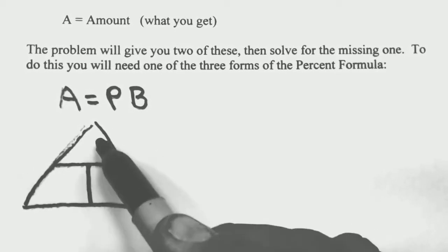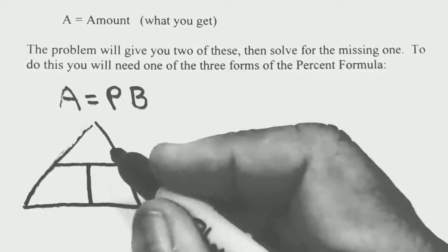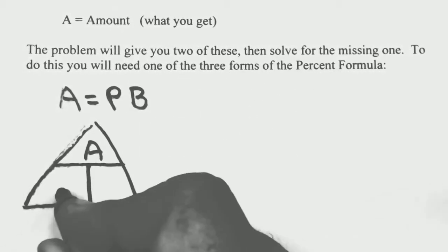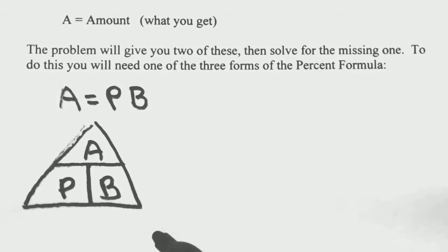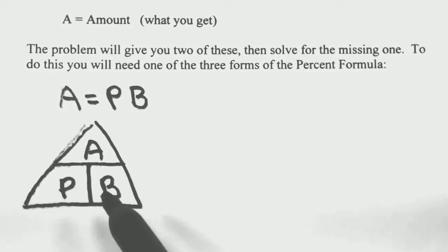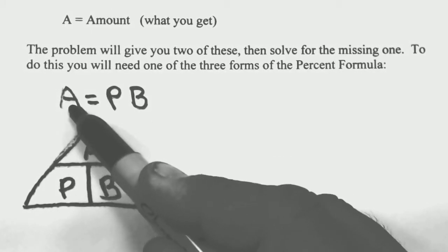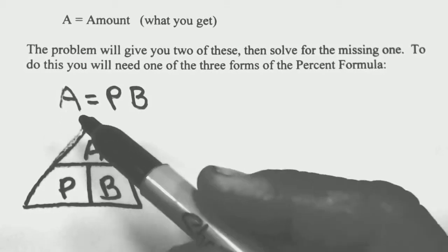Now you simply put the A on top and the two guys on the right side, the P and B, on the bottom. So here it is, A, P, and B. Now, here's how you make use of this. The three forms will be solving for A equals, solving for P equals, and solving for B equals.